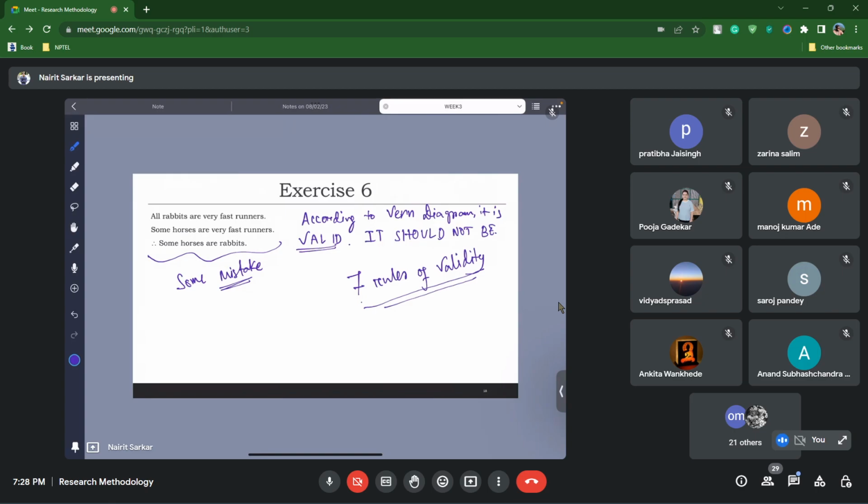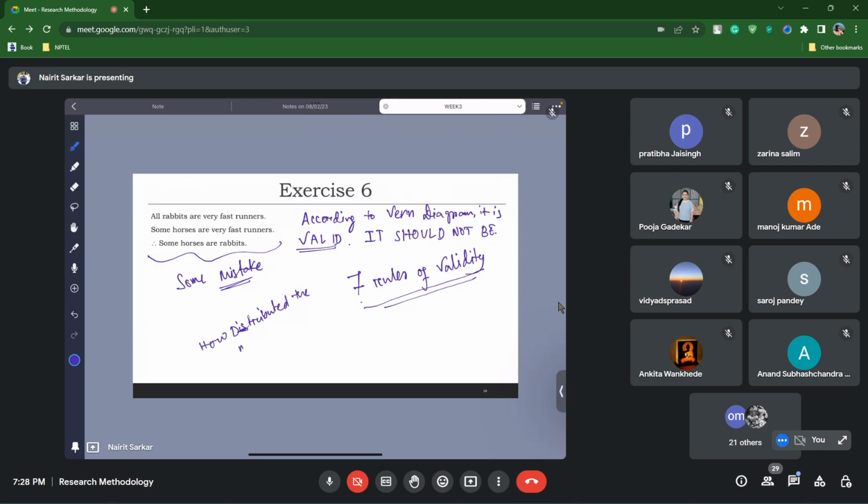There are 7 rules where you can analyze whether a conclusion is valid or not depending on the affirmative or negative premises, the type of conclusion, and also how distributed the middle term is.